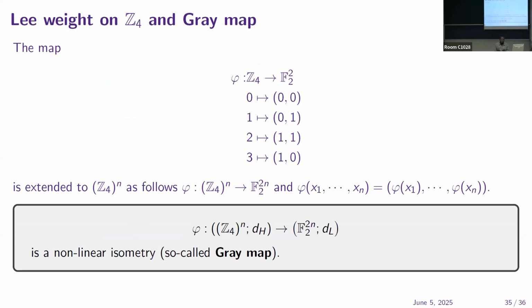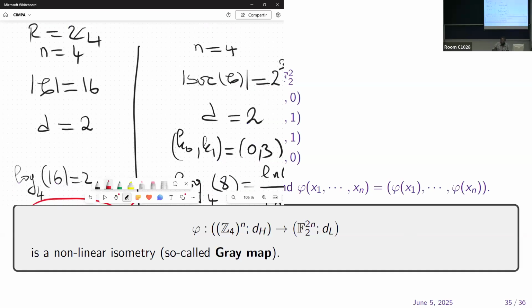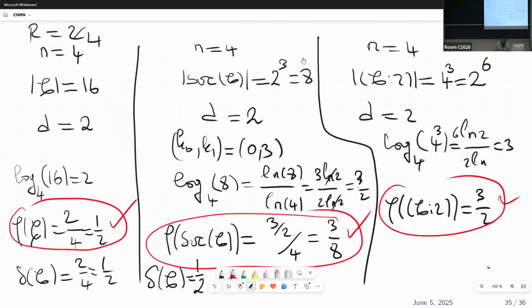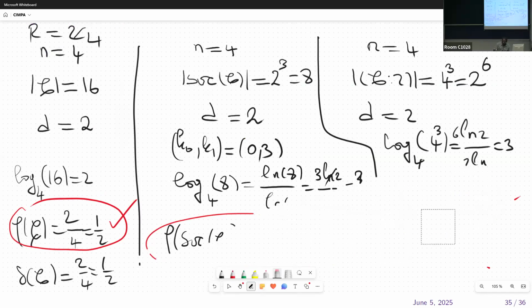Okay. The Gray map: we define the Gray map on Z4 and extend it to Z4 power n. The Gray map is a nonlinear isometry. The Gray map establishes an isometry between Lee weight and Hamming weight.